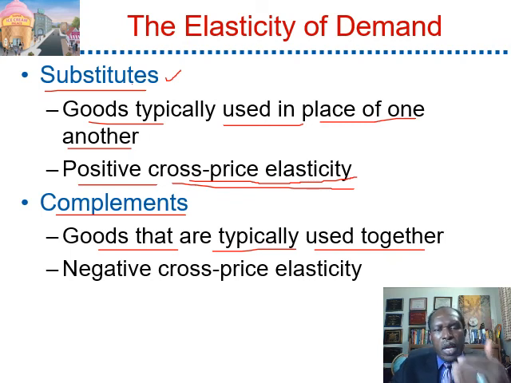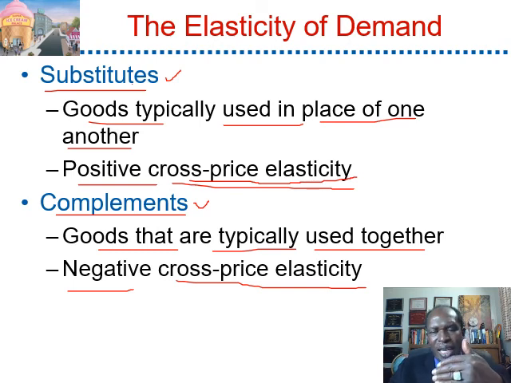So when the cross-price elasticity is negative, then we say the two goods are complements. So the value of the cross-price elasticity will be less than zero. For instance, if the price of a movie theater ticket goes down, the demand for popcorn at the movie theater would increase. So movie theater tickets and popcorn would be complement goods.